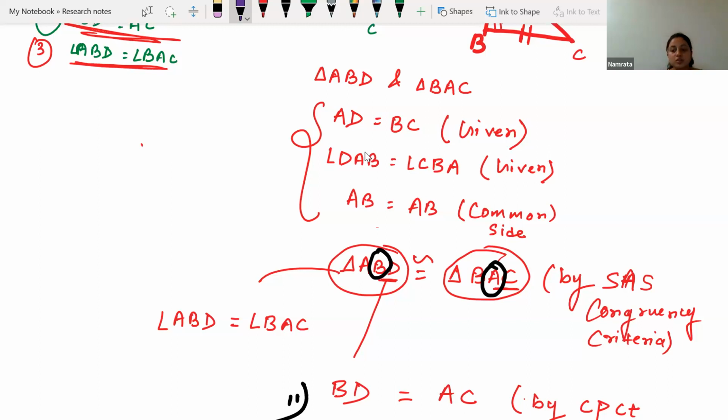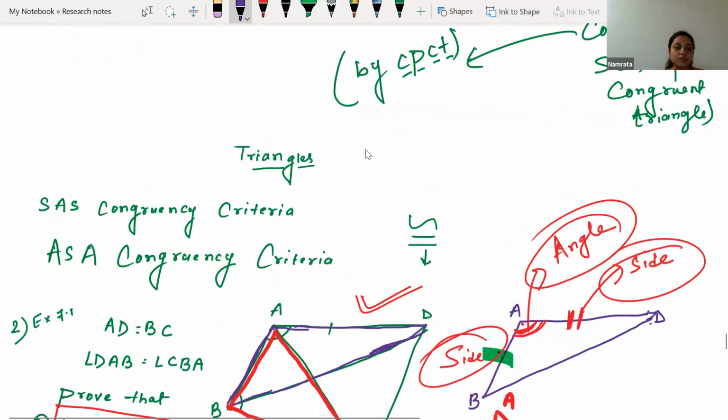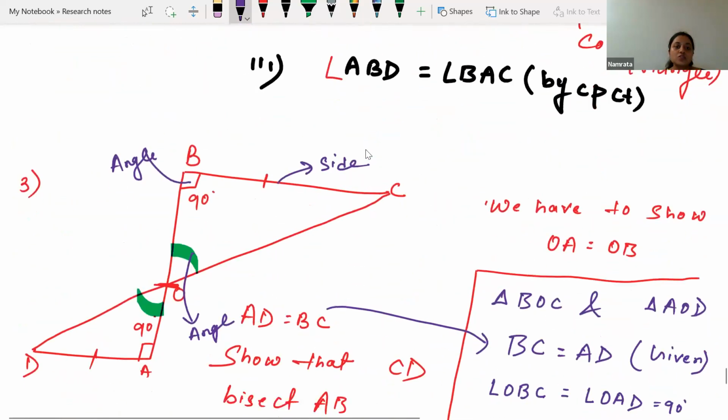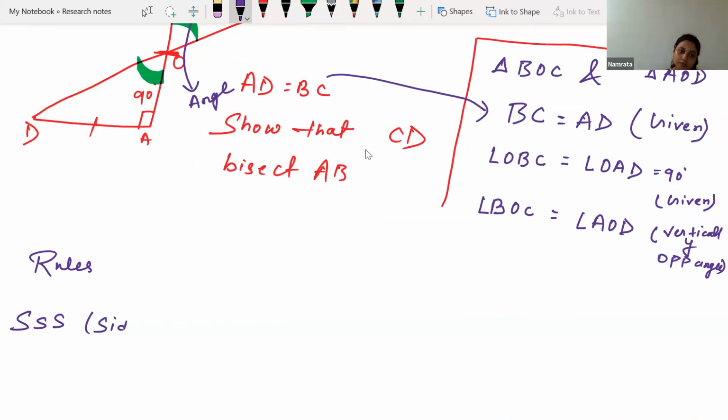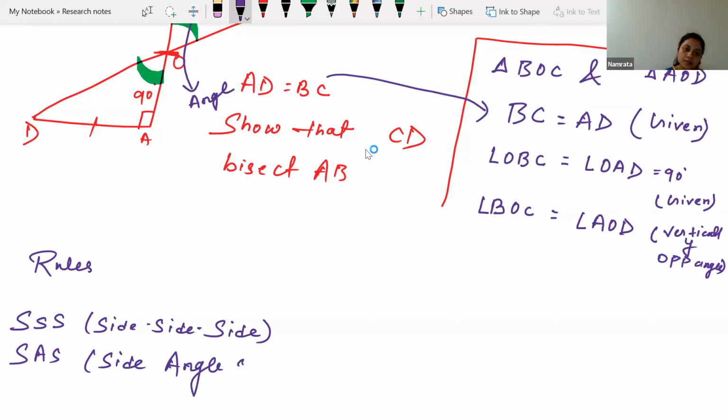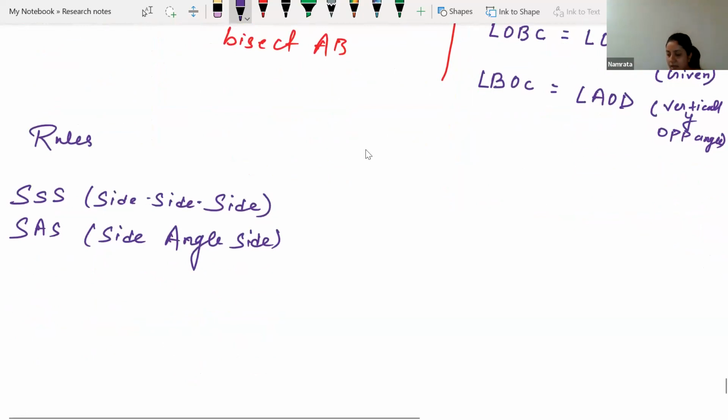So let me write all the rules over here, then it will be more comfortable for you also. So the rest of the rules are side, next one is, because I can see the questions are already mixed up, side angle side. Next one is angle side angle.